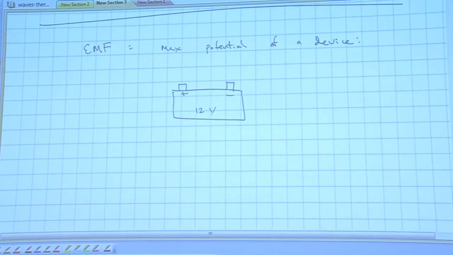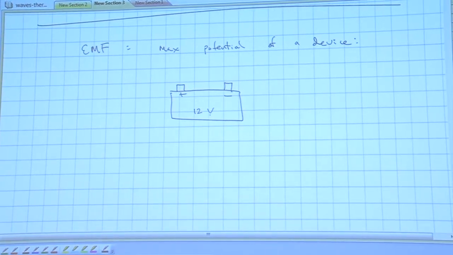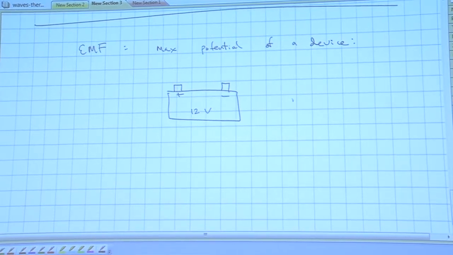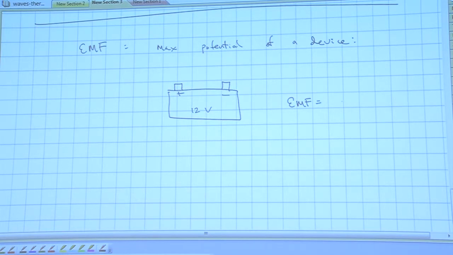We'll talk about why it might not put out 12 volts. But if it's labeled 12 volts, then that's the EMF. Okay, it might be less due to the current flow. We'll talk about that later.